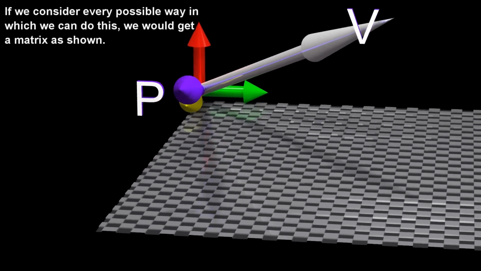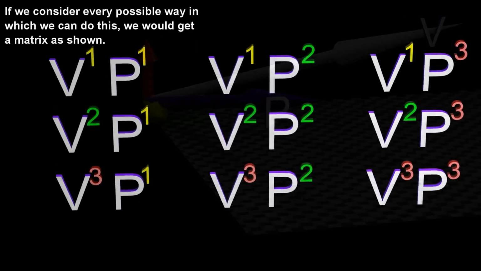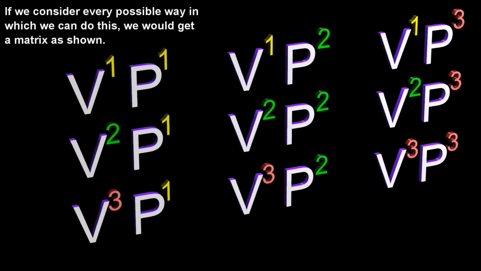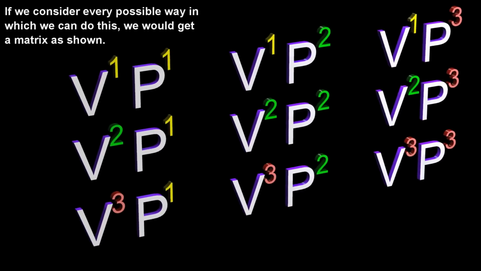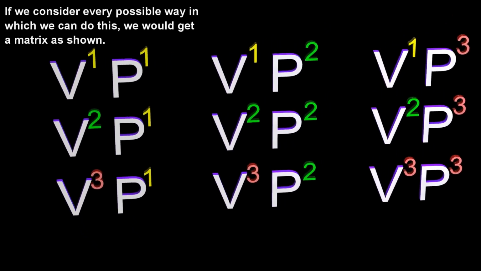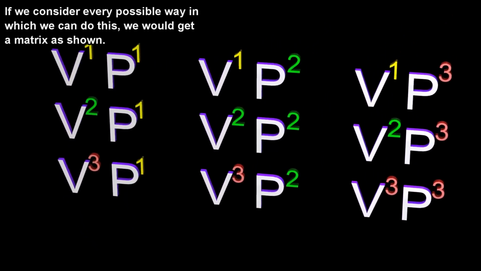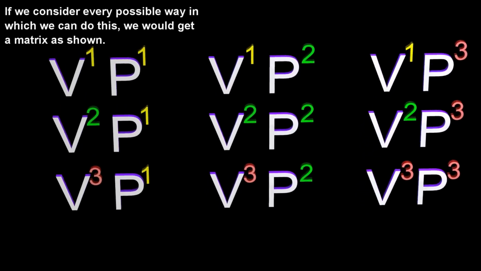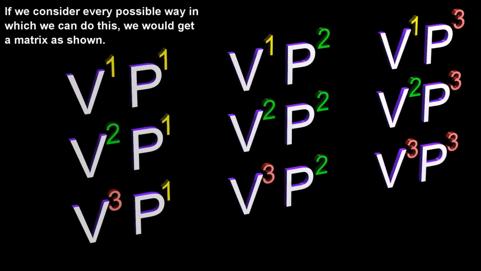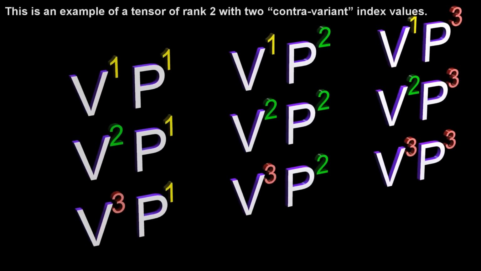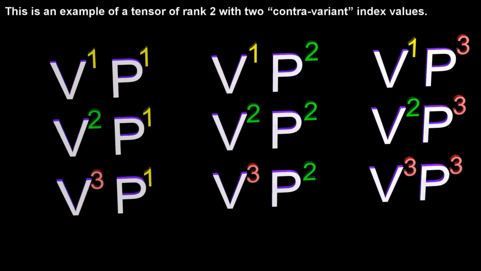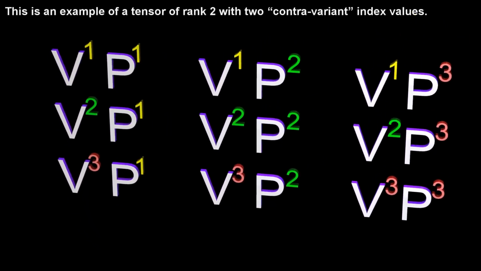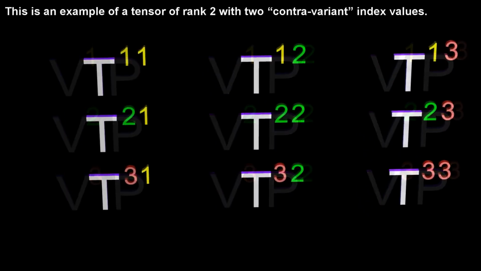If we consider every possible way in which we can do this, we would get a matrix as shown. This is an example of a tensor of rank 2 with two contravariant index values.